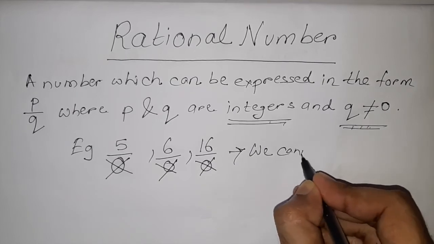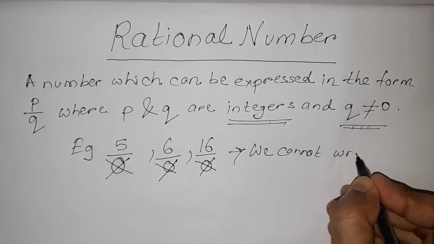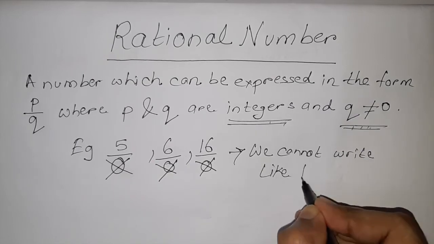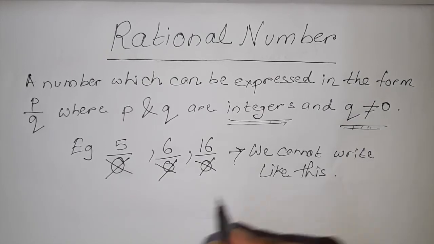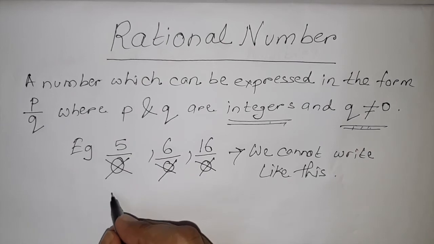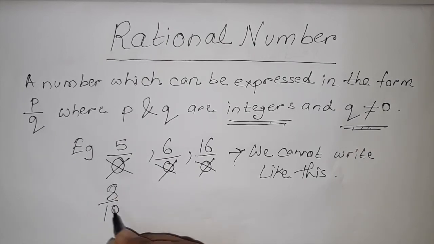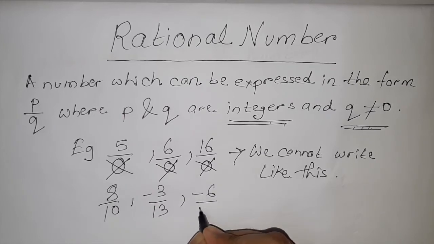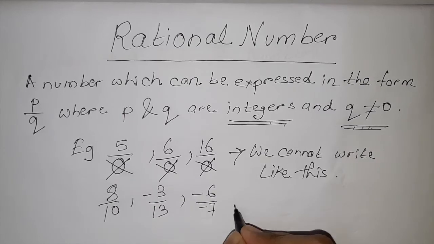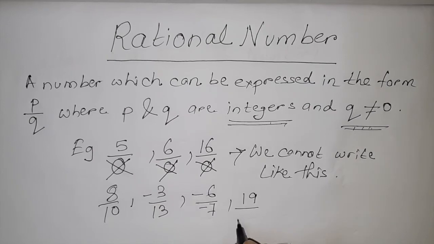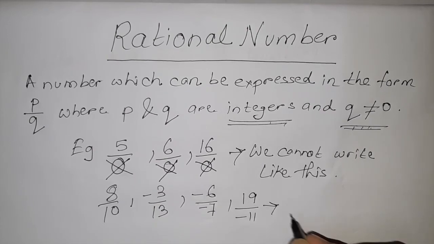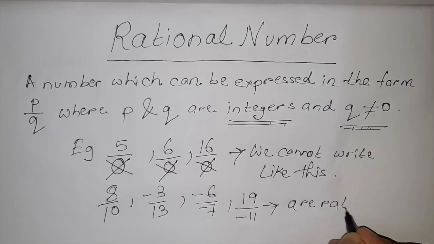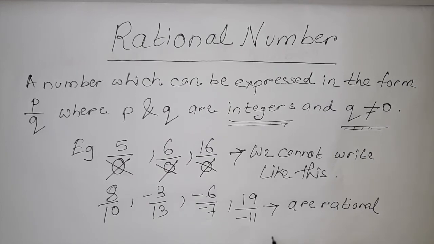Instead what we can write is 8 by 10, 3 by 13, minus 6 by minus 7, 19 by minus 11. These all are rational numbers.